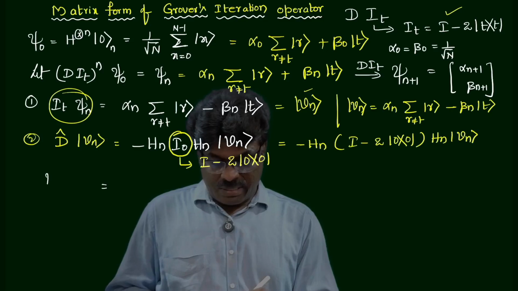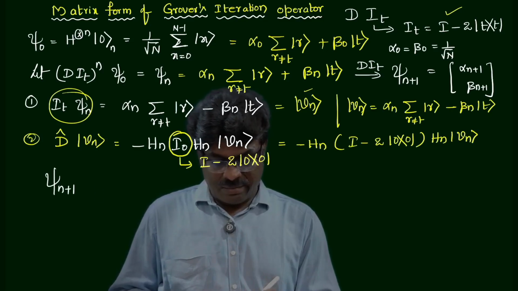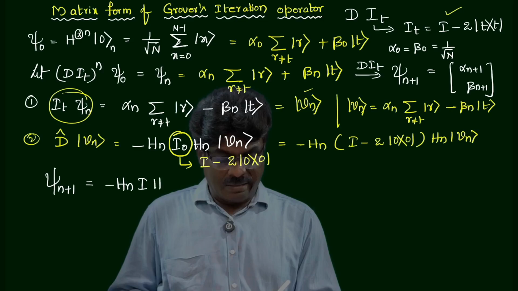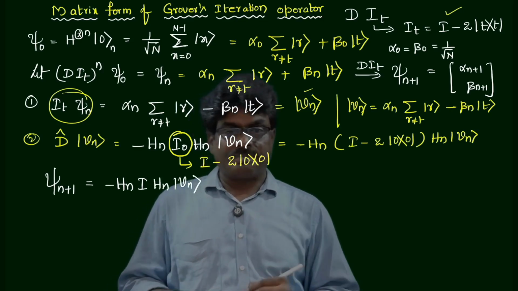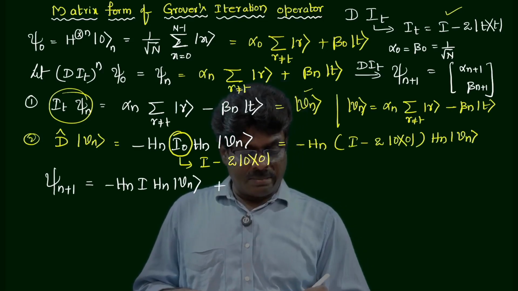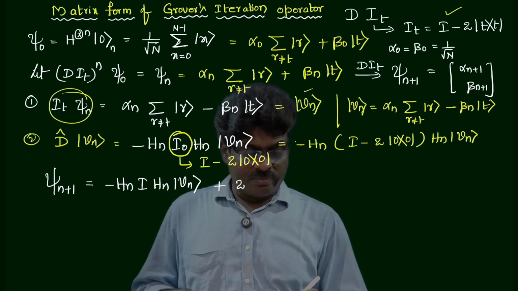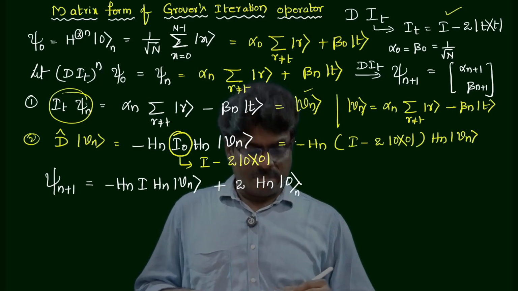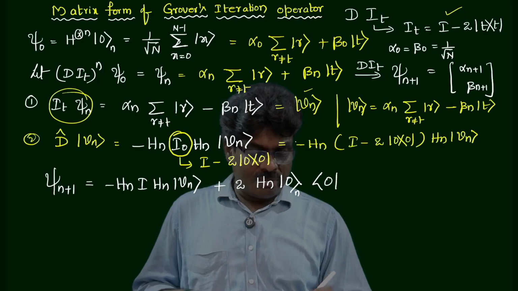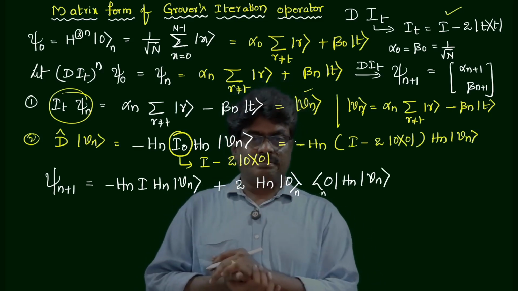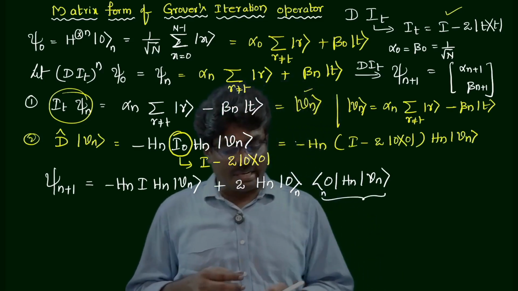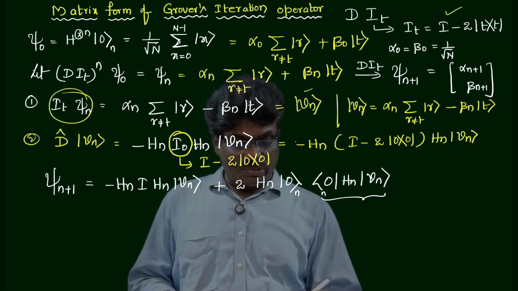Now let me multiply this. So this is nothing but psi n plus 1 finally, minus H n, I am just multiplying I with H n ket V n. After that we have plus, because minus into minus is plus, here 2, and H n operates on ket 0, of course n qubits, and after that bra 0, of course here also n qubits, H n V n. So here we have one matrix element, this we generally call a matrix element, and here again we have a superposition state.